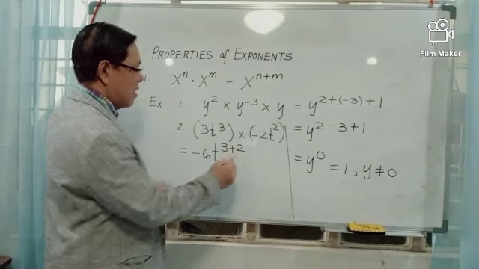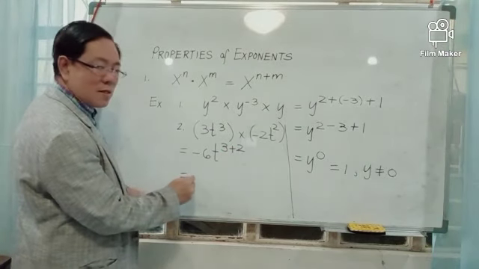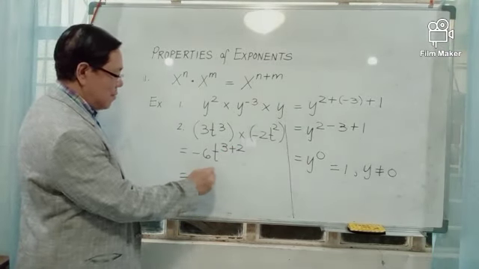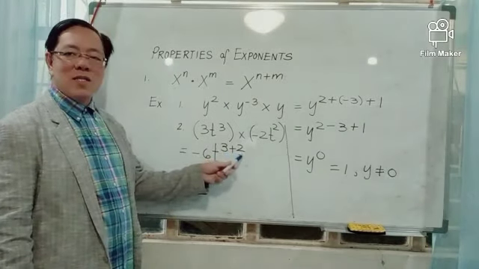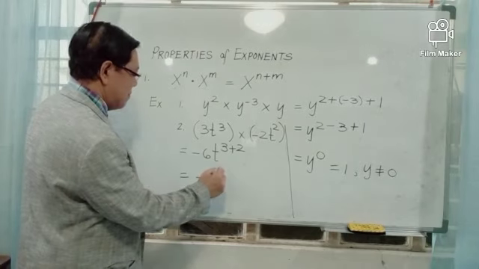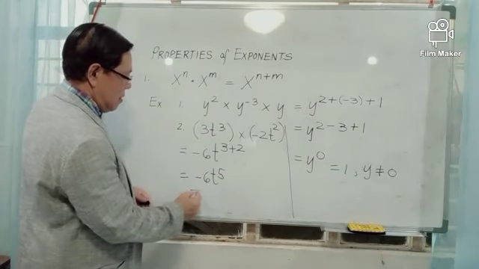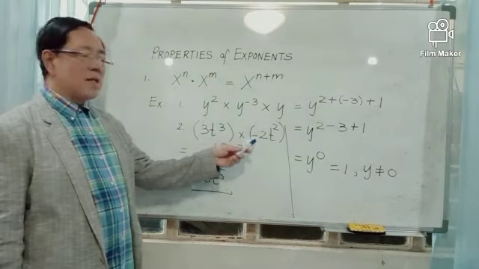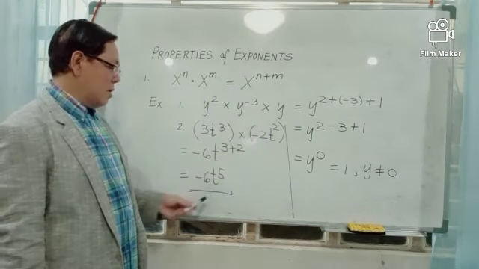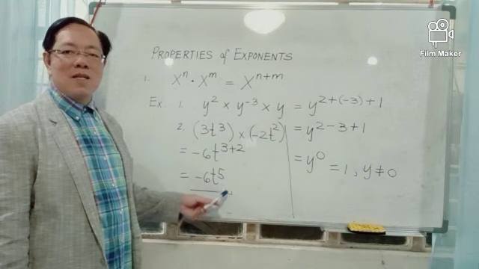And simplify, we have negative 6 multiplied by t to the power 3 plus 2, which is 5. Hence the product of 3t cubed and negative 2t squared equals negative 6t raised to 5.